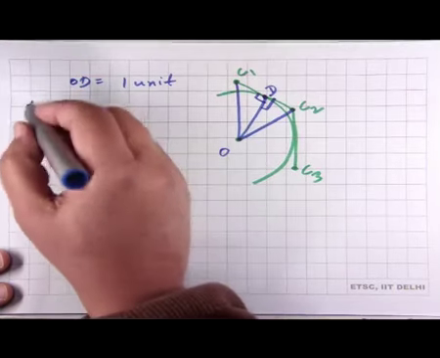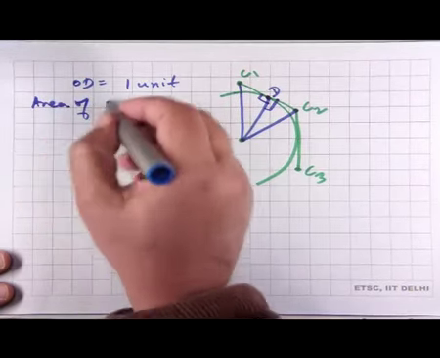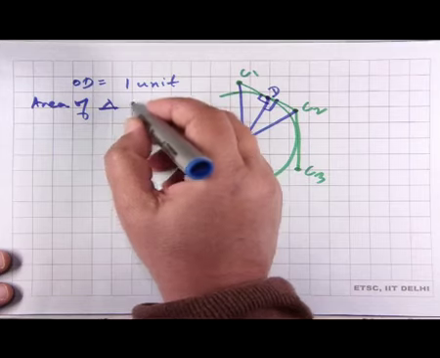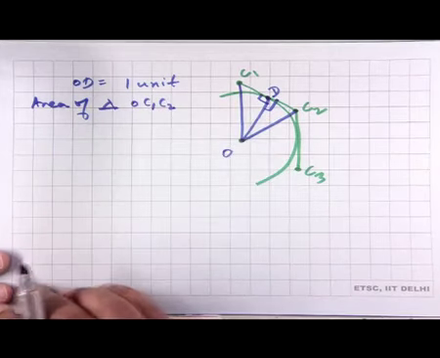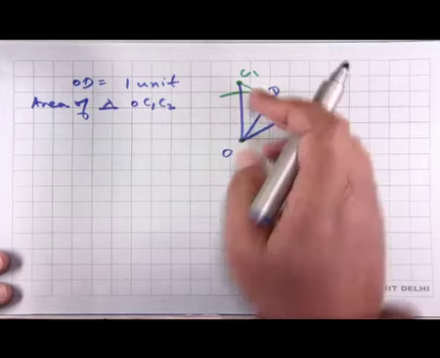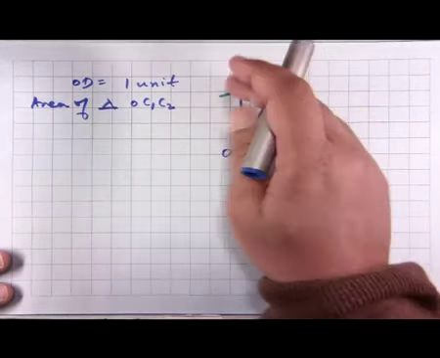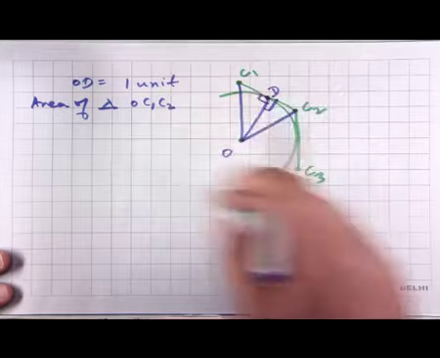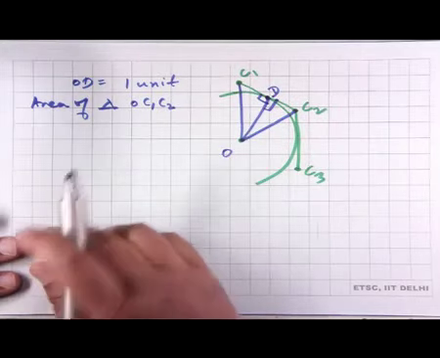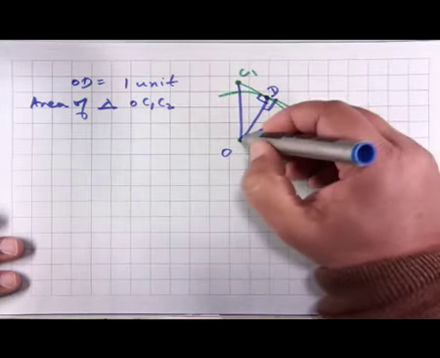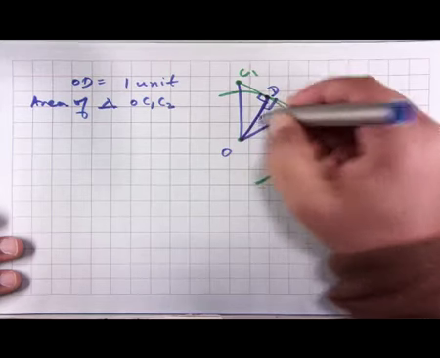Next, our goal is to find the area of triangle O C1 C2, which we will be multiplying with n, and that will give us the area of the n-sided regular polygon circumscribing this circle. But this time we are given this length to be equal to 1 unit.